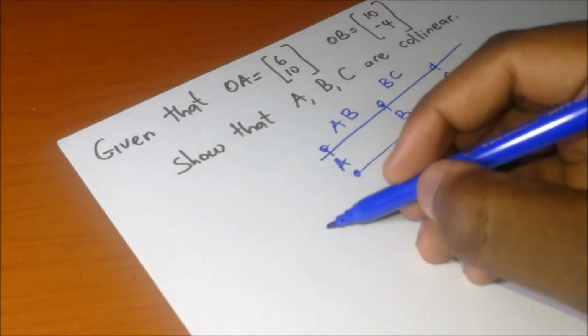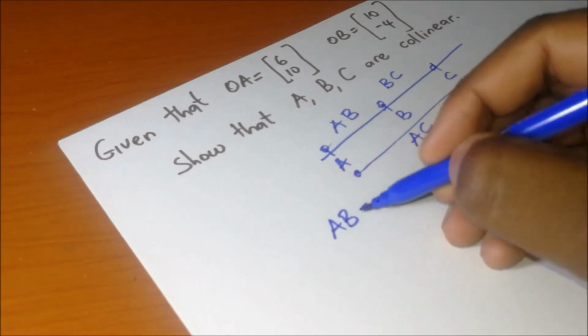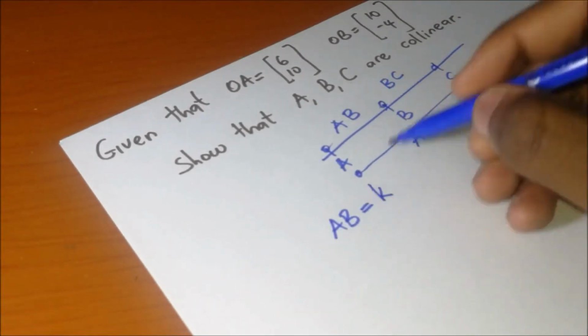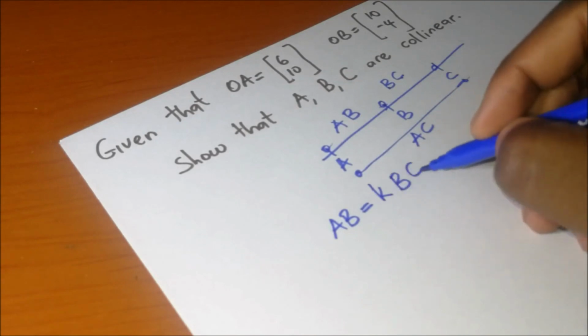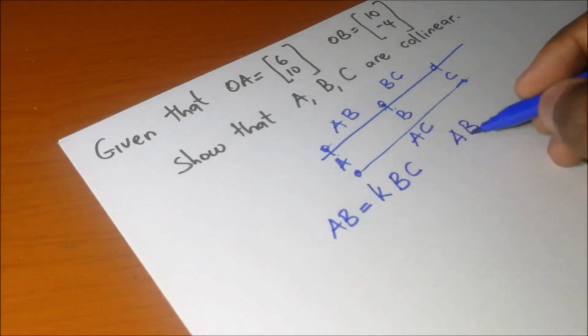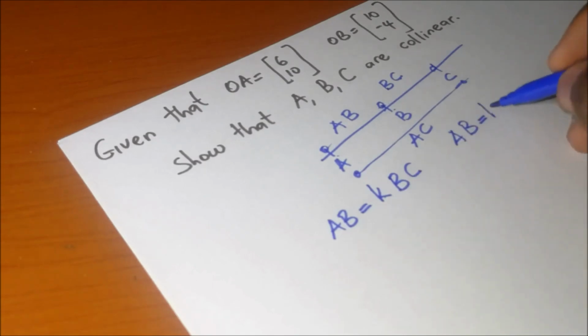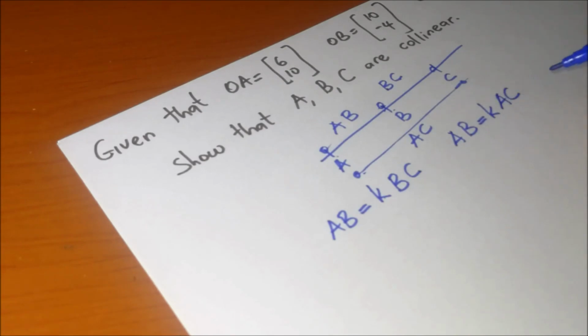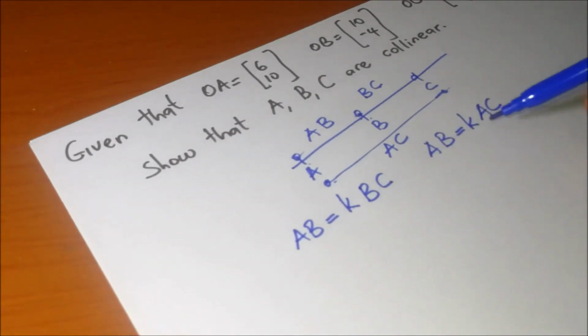You can either say AB is equal to a certain scalar of BC, or you can say AB is equal to a certain scalar of AC. Either way, you'll be able to find your value of k and you conclude.